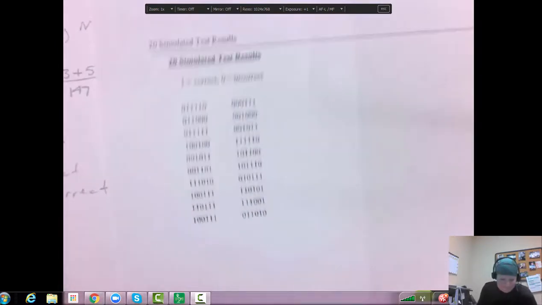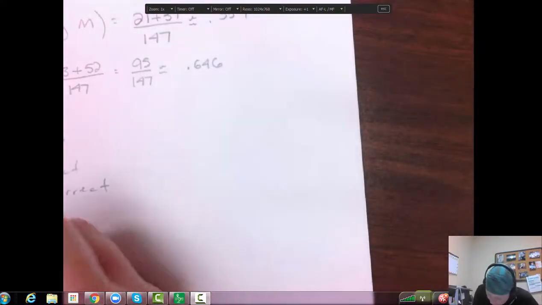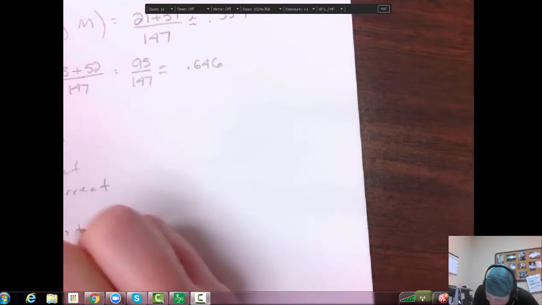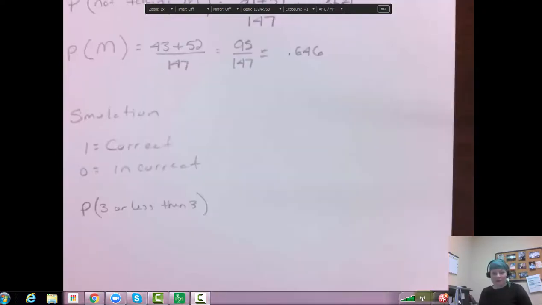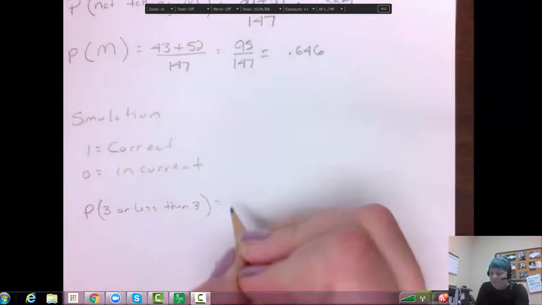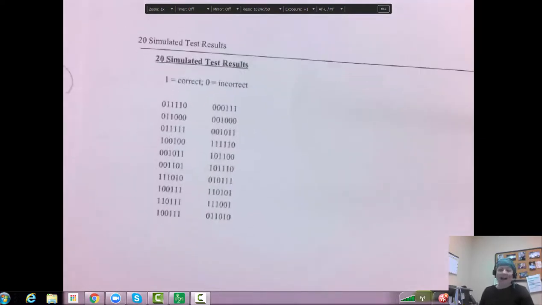So I want to know the probability of less than 3, or 3 or less than 3. So 3 does fail, right? I want to really know that probability of failing. So let's look through our sample, and I'm just going to highlight the ones that you failed.